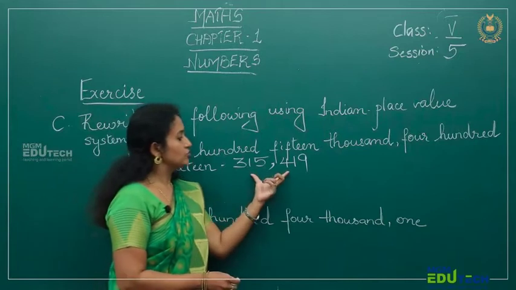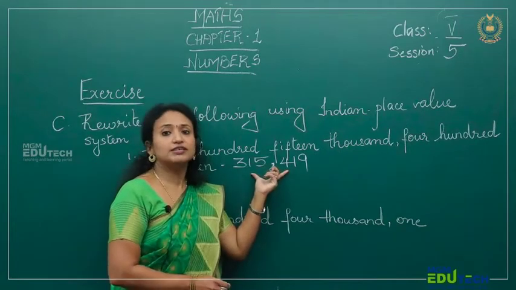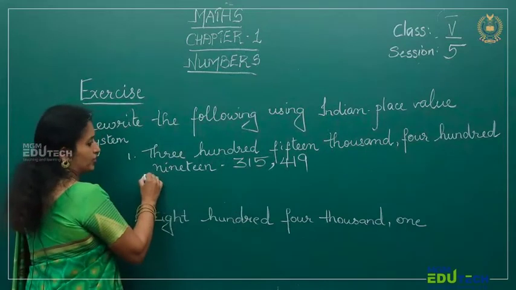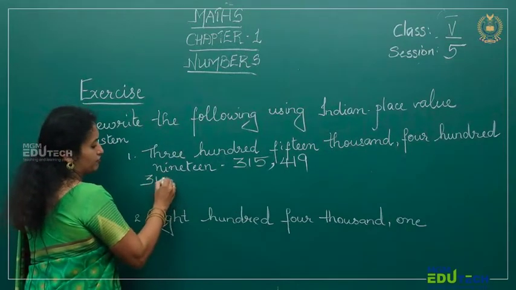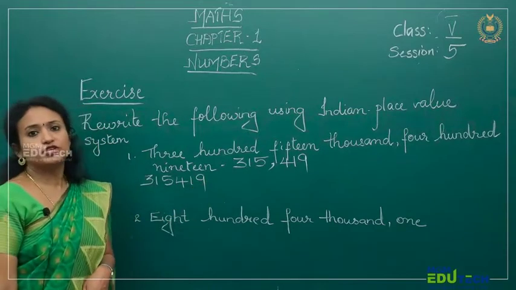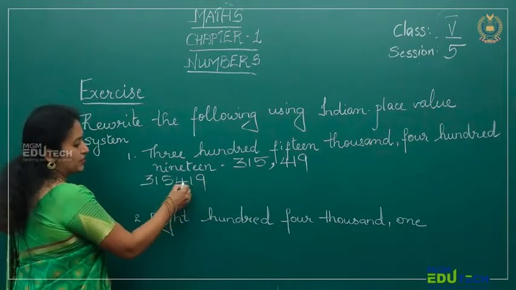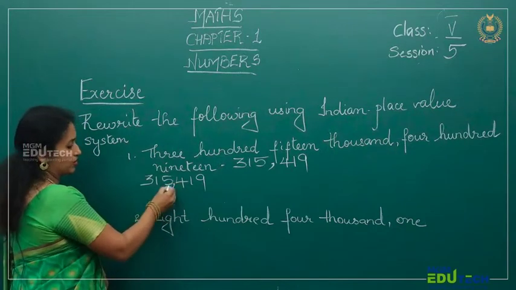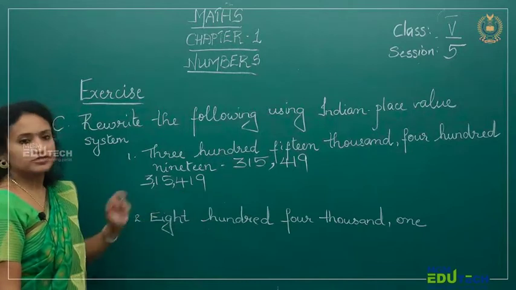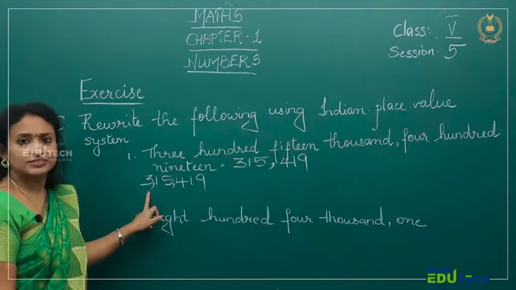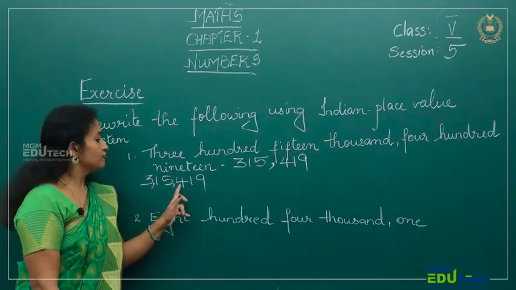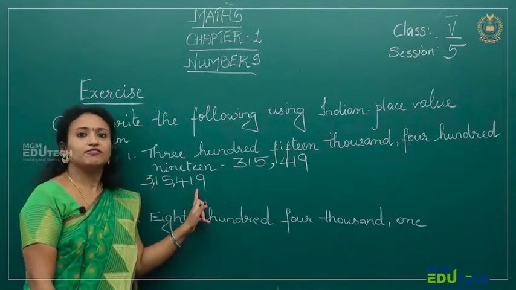Now they are asking you to rewrite this in the Indian place value system. So just like you did previously, first write down the number. 315,419. Then you know how to put the commas. 3 places here you put a comma. The next 2 places you put a comma. So how do you read this? Yes, it is 3,15,419. Very good.